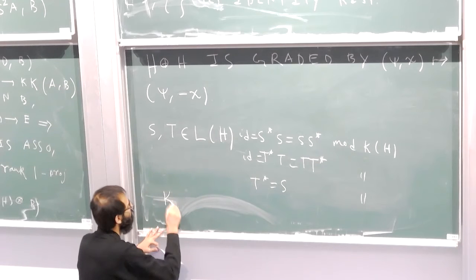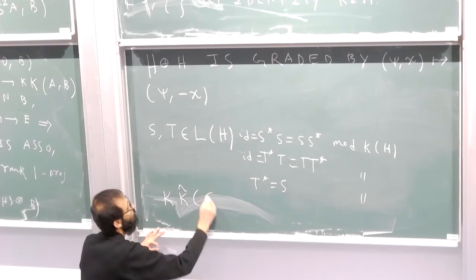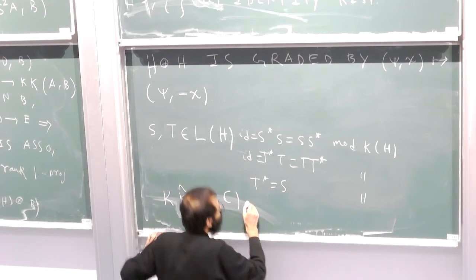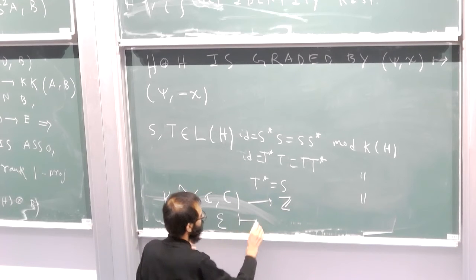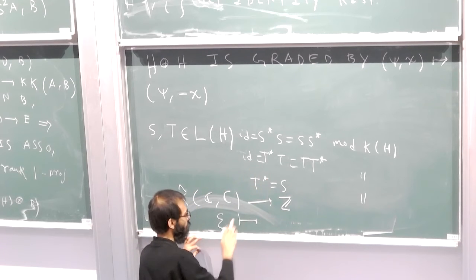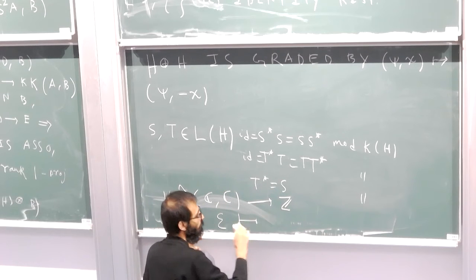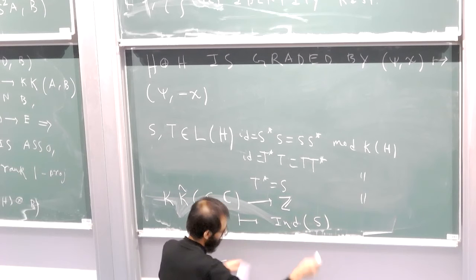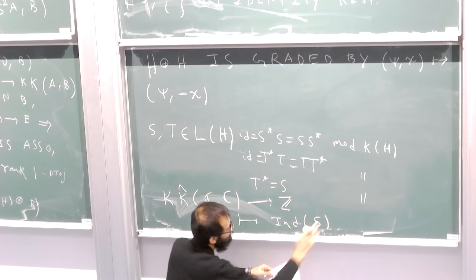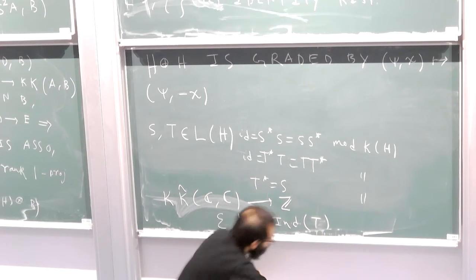I define it as follows: take E, reduce to the standard form, and then send it to the index of S or T. It doesn't matter really, index of T. And this is an isomorphism.